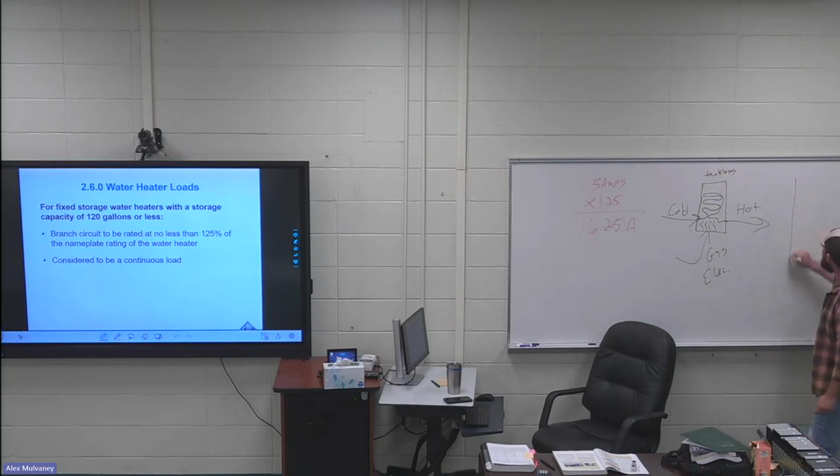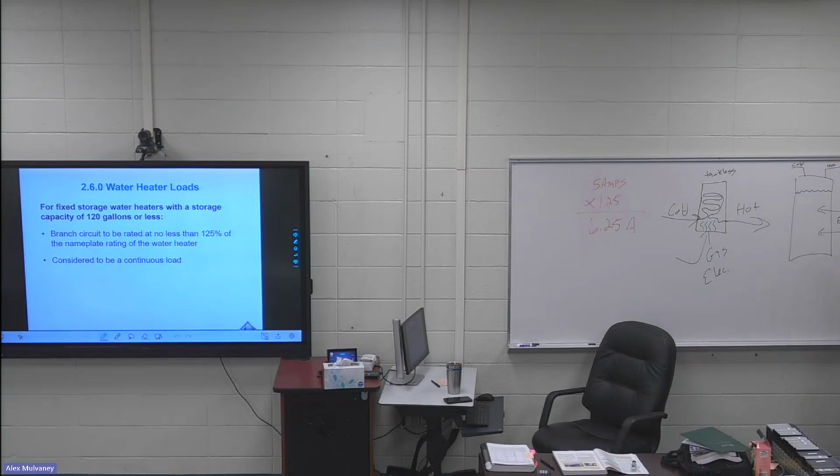But what they're talking about is what I have in my house, where I have cold and hot. We use the hot water, and say our water level is right here. Then we have either one or two electric elements, which again, this will all be electric. I don't even have electricity running to my gas water heater.